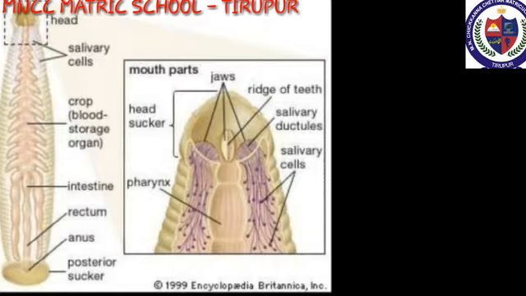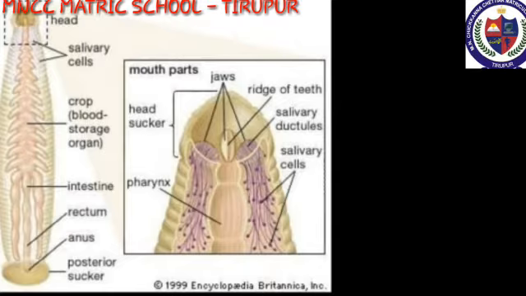The ingested blood is stored in crop and its diverticula. The blood passes from the crop into the stomach. Digestion takes place in stomach. The digested blood is then absorbed slowly by the intestine. Undigested food is stored in rectum and expelled through anus.